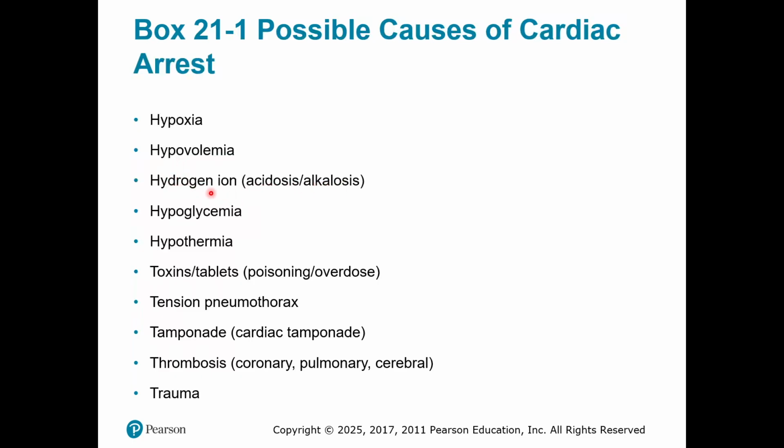Someone who's acidotic, not a lot we can do as an advanced provider. Hypoglycemia, we can check their sugar, and if their sugar's low, we can provide some D10. Hypothermia, well, we can warm them up. Toxins or tablets, poisons or overdoses. Yep, opioid overdoses can lead to cardiac arrest. So let's provide some Narcan.